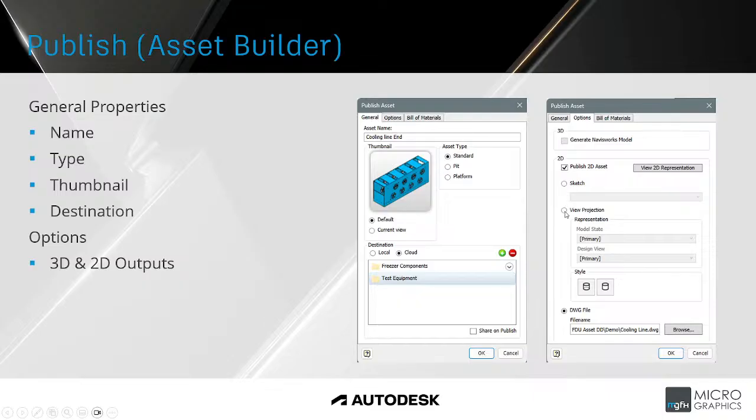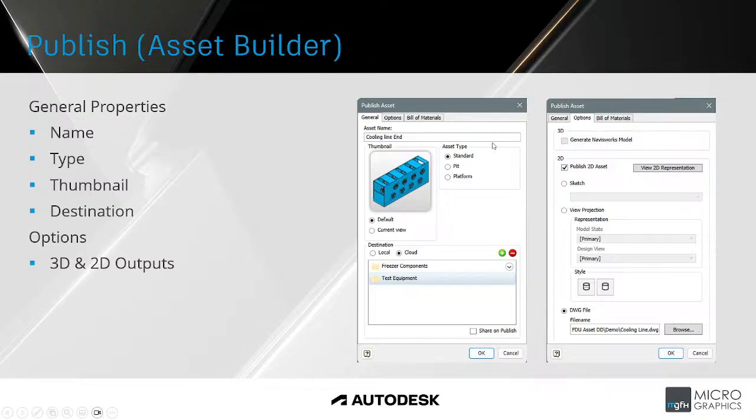Otherwise, we can use a view projection, and it will create that, essentially that 2D block from that view projection, or we can take a DWG file. So here I've actually had a cooling line.dwg created, and we can use that DWG as the existing block to represent the cooling line. So you've got various options there for the output.